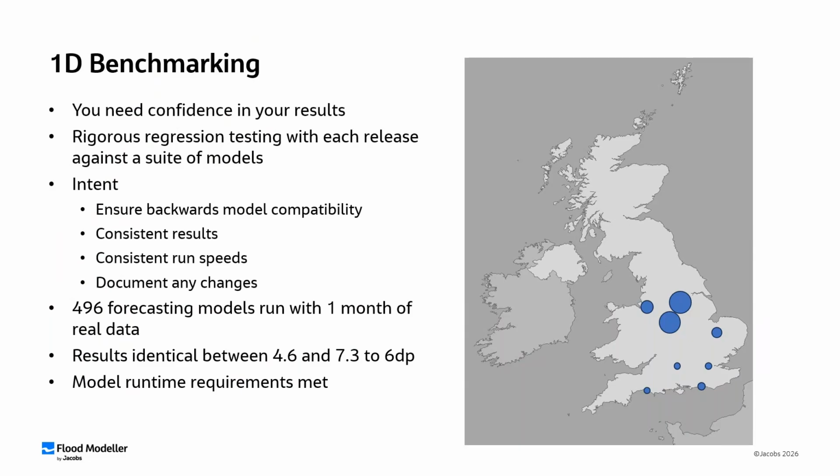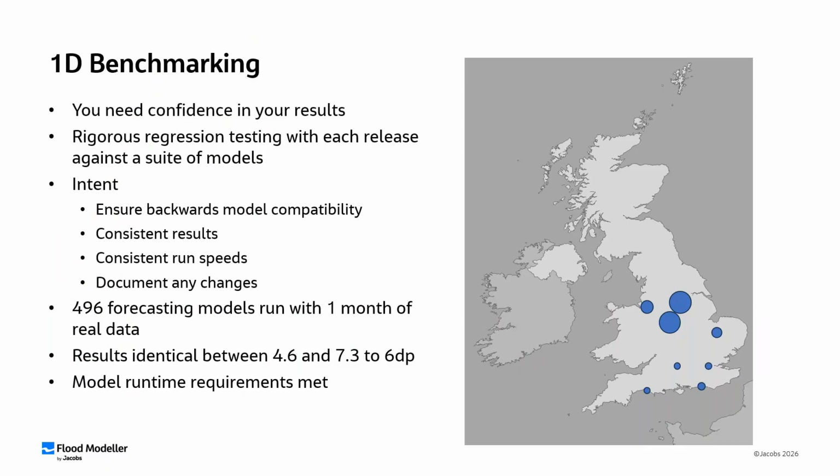So whenever we release a new version of the software, we rerun dozens and dozens of models, lots of simulations, and check the results, how they've changed, how long they take to run. And we never release the software unless we're confident that the regression testing has been passed and any changes in the result are as intended and improve the quality of the result.